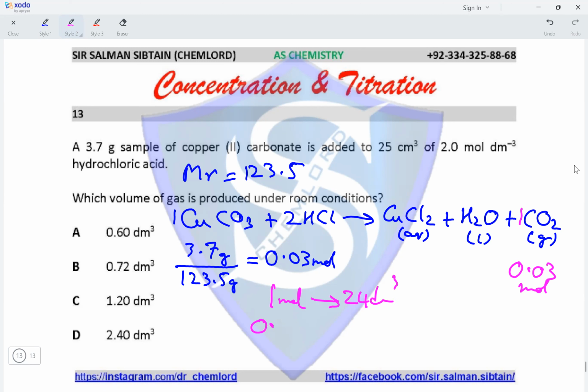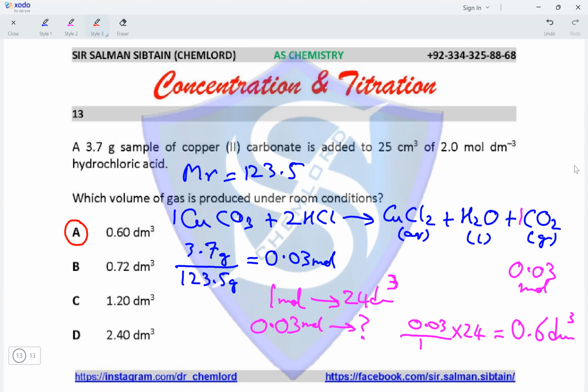So 0.03 moles of carbon dioxide that has been produced will occupy a volume of 0.03 upon 1 into 24, giving us a volume of 0.6 dm³, making option A the correct option for this question.